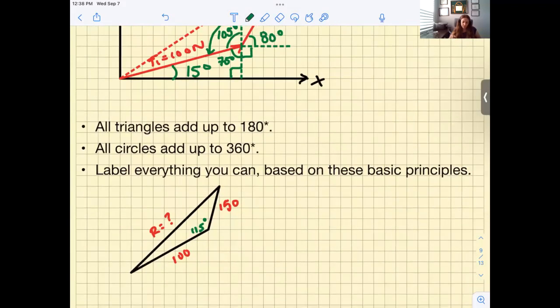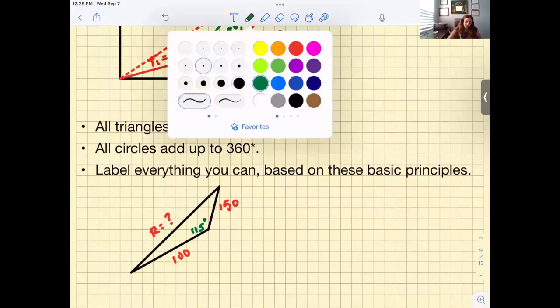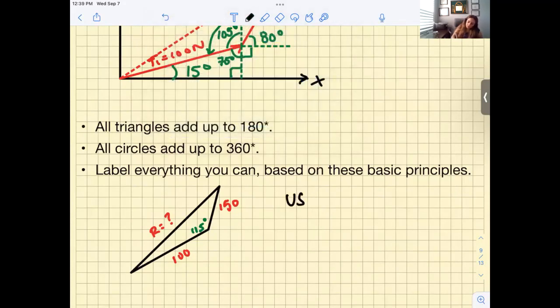We have two vectors and the angle between those two vectors. Okay, so when we have two vectors and the angle between the two vectors, that's when we're going to use the law of cosines.